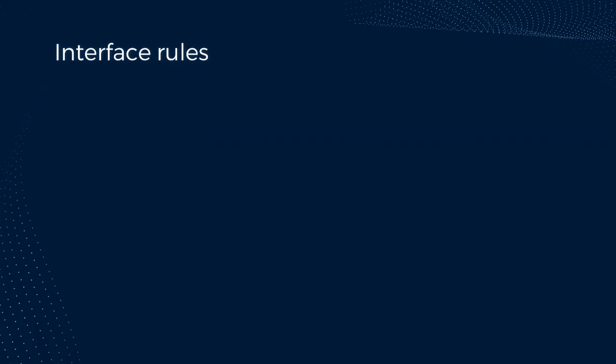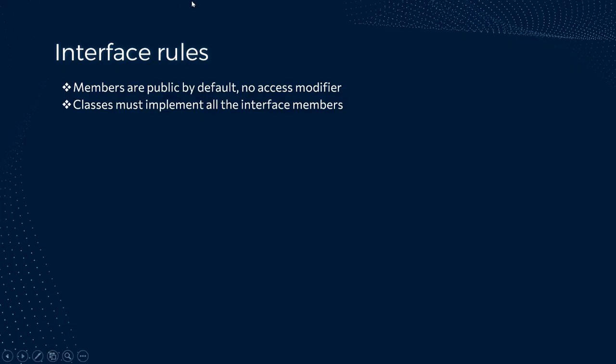So, interface rules. Members are public by default, with no access modifier, so you don't need to give an access modifier like public or private. Classes must implement all the interface members.